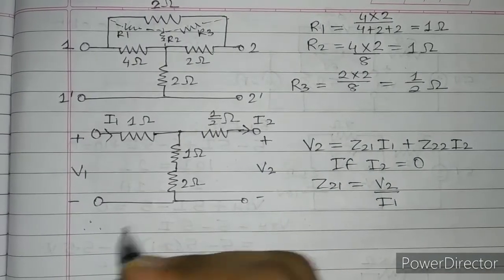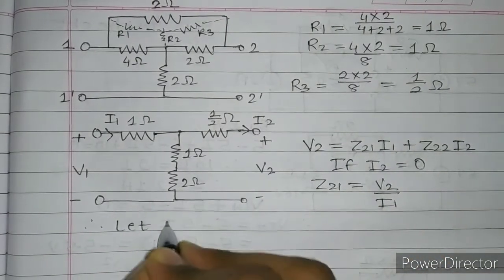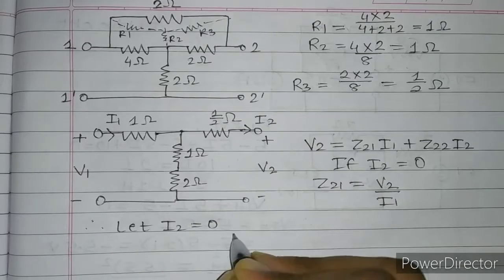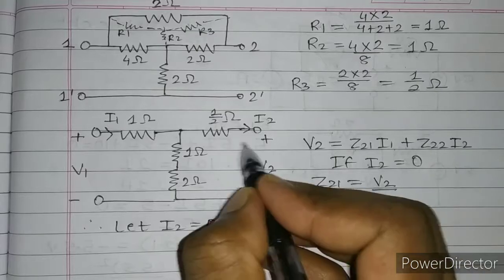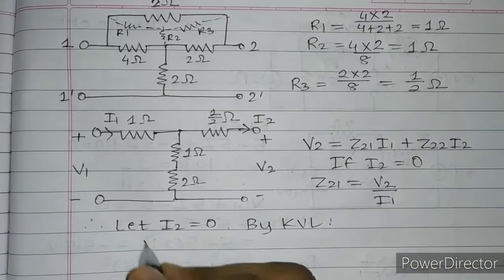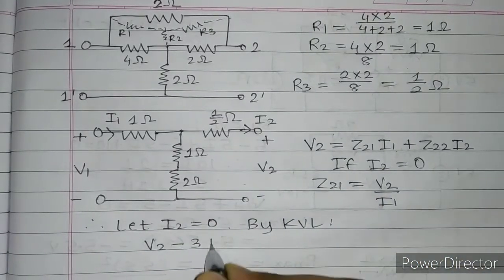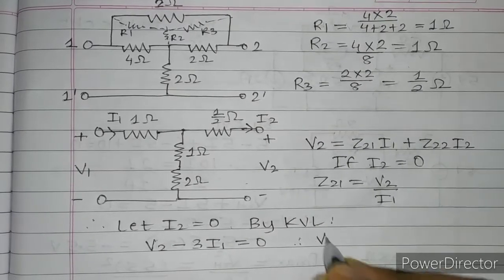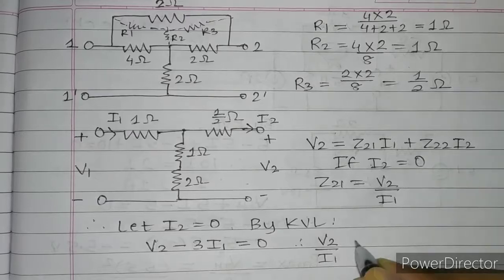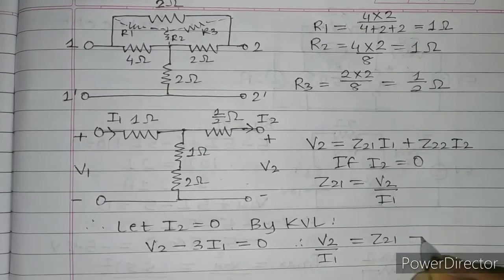So let I2 be 0. Now by applying KVL in this circuit, we get V2 minus 3I1 is equal to 0. Therefore V2 upon I1 is equal to Z21 is equal to 3 ohms.